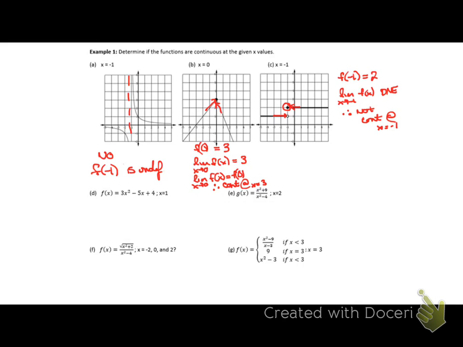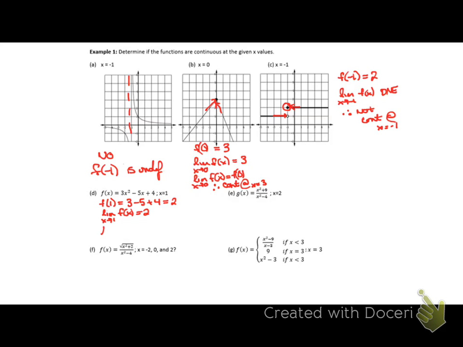All right, part D. In order to determine where f of 1 would be, because we're worried about what's happening at 1, we just plug in 1, so we get 3 minus 5 plus 4, which ends up being 2. The limit, well, because when we plugged it in, we got 2, and there's no removable discontinuity, there's no asymptotes, we don't have to worry about that, then the limit as x approaches 1 of f of x is also 2.